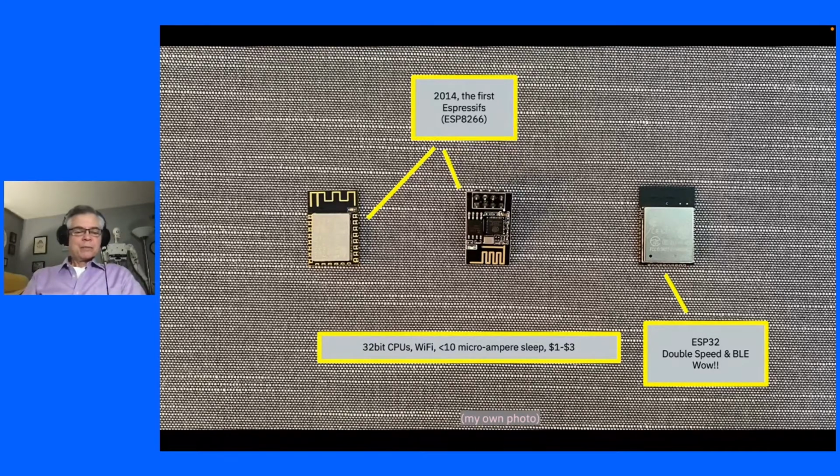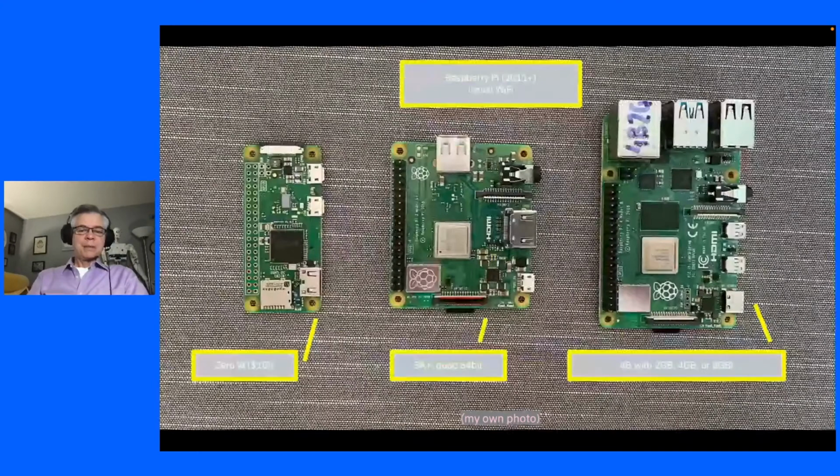And it has Wi-Fi built in and really powerful little computers for just $1. Then, over the years, they have improved on those too, and there are newer machines like the ESP32 on the right that's twice as fast and has Bluetooth Low Energy for communications, which is really great.